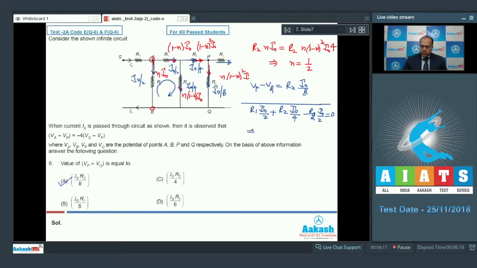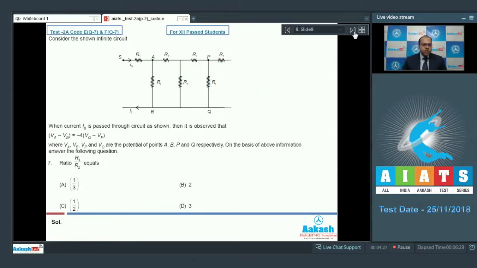So on solving this, the value of R1 comes out to be R2 by 2, or the ratio R1 by R2 comes out to be half. So the correct answer for question number 7 is option C.